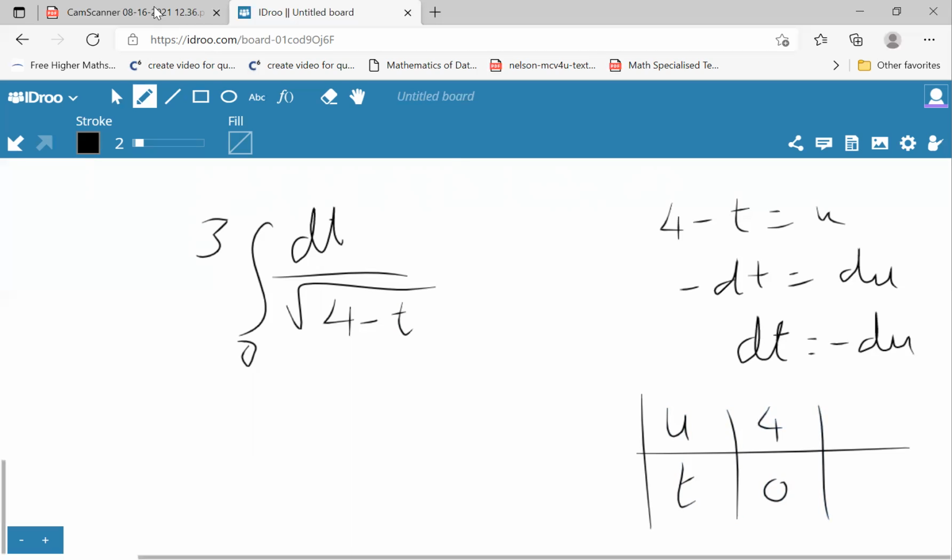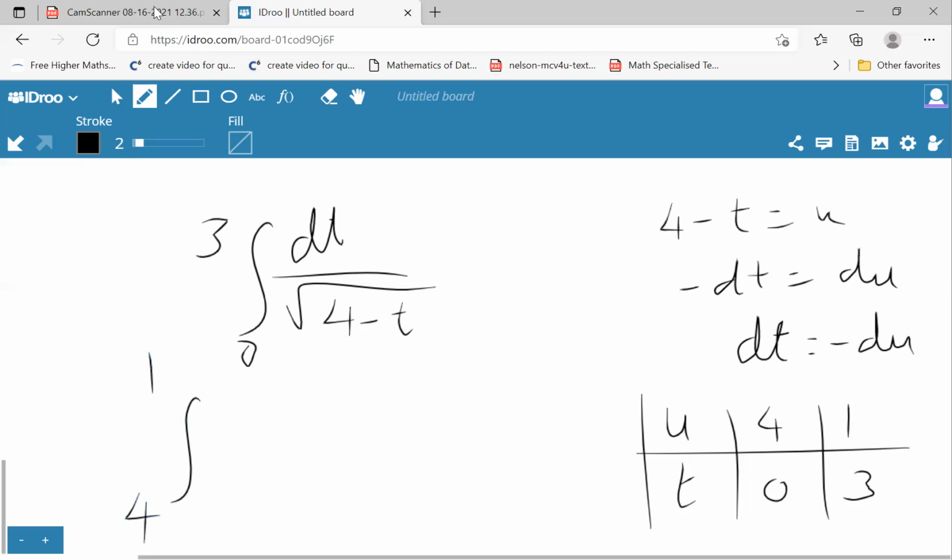So the lower limit becomes 4, and the upper limit, when t is equal to 3, u becomes 4 minus 3, which is equal to 1. So the upper limit becomes 1. So instead of 0 to 3, you can write it as 4 to 1.